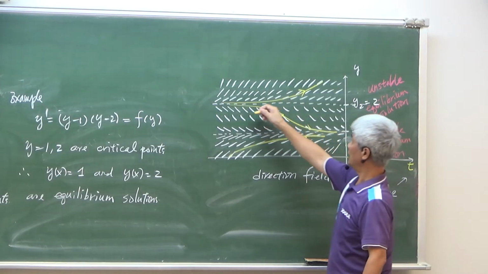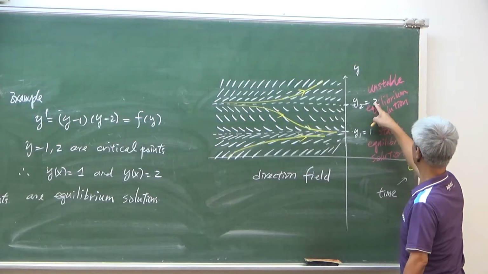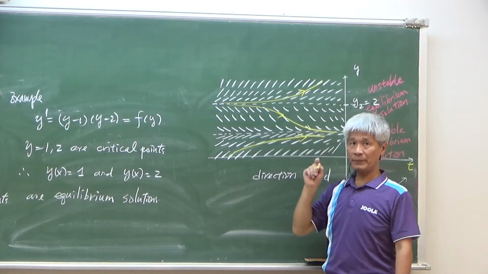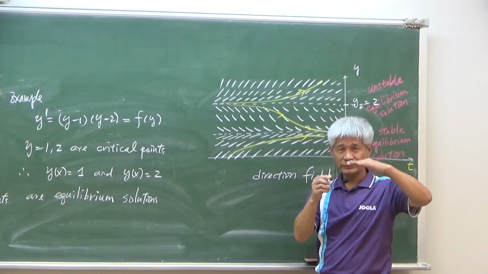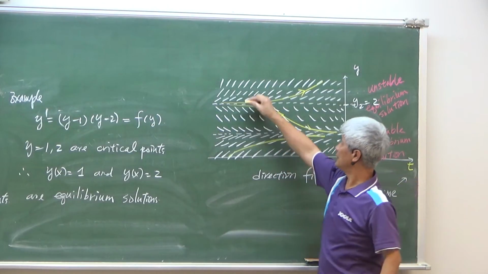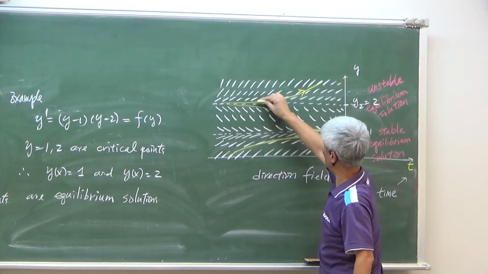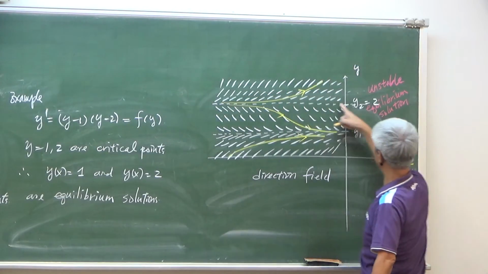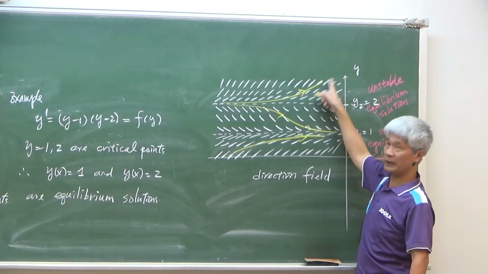If you have a solution y equal to 2, it is unstable. Why? Because if you have a little bit of error or noise, then you will go out. And when you go out, the solution will go up and leave this equilibrium solution because the slope is this way.